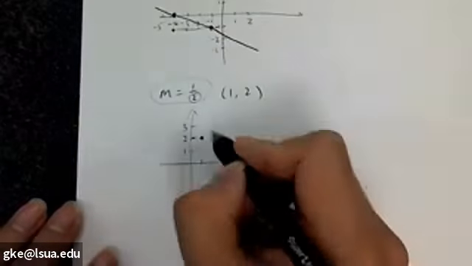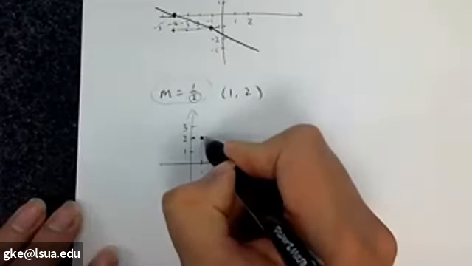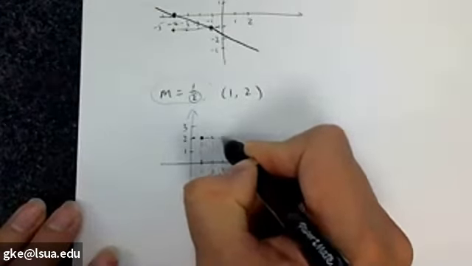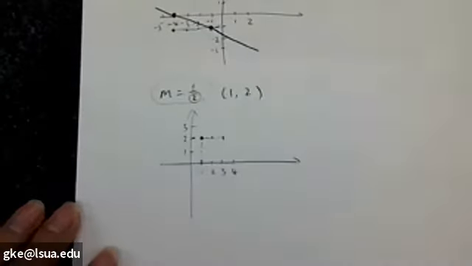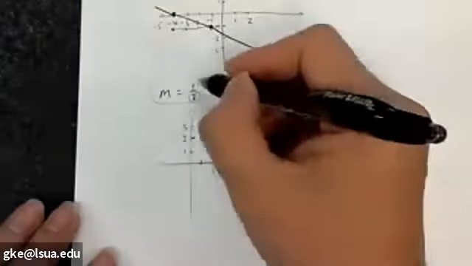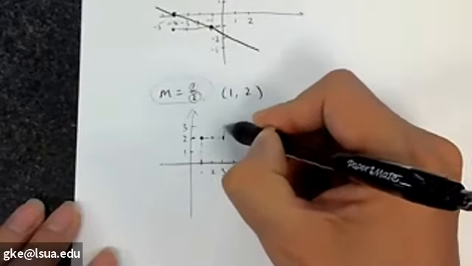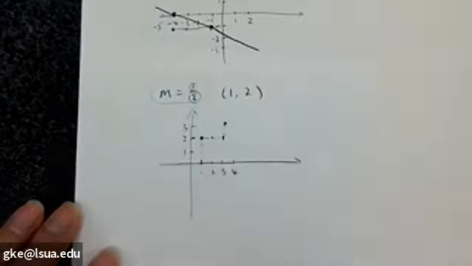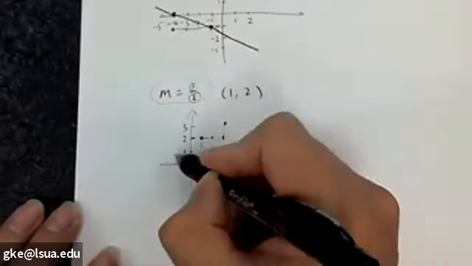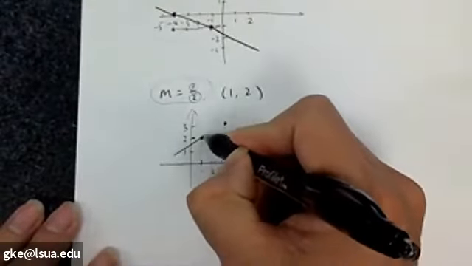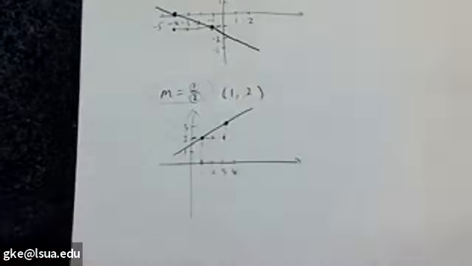That means we move forward 2 units. And the numerator is 1, that means upward 1 unit. Then you connect these 2 points. That's it.